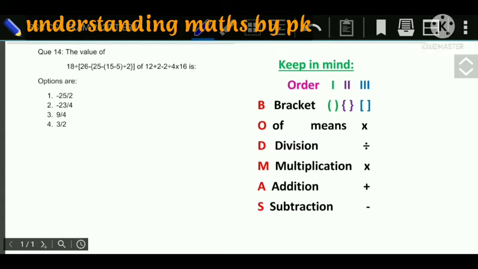Options are minus 25 by 2, minus 23 by 4, 9 by 4, 3 by 2.